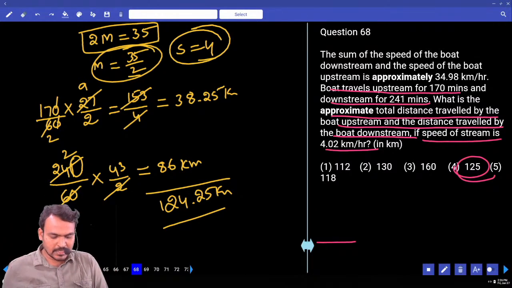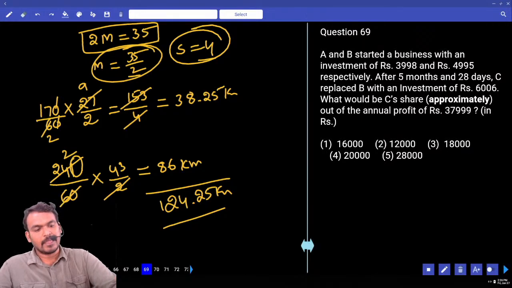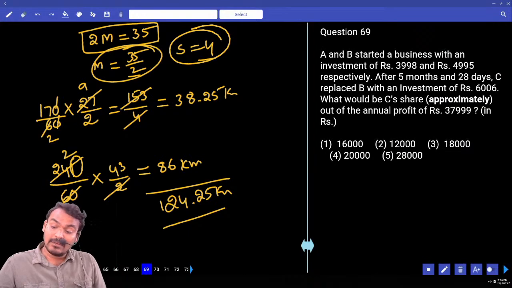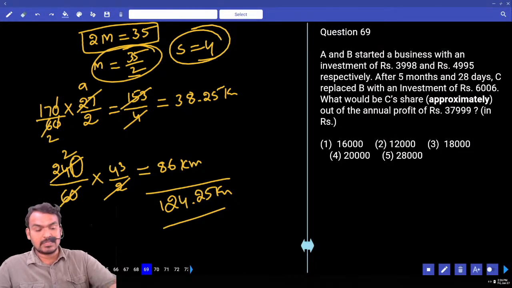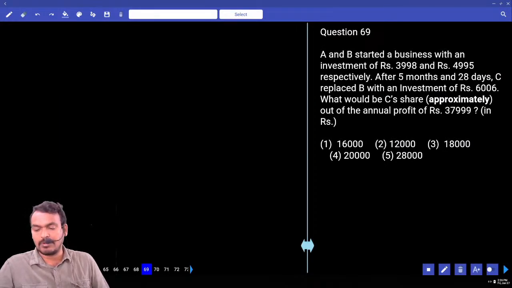Next question number 69. A and B started a business with an investment of 3,998 and 4,995 respectively. After 5 months and 28 days, C replaced B with an investment of 6,006. What would be the C share approximately out of the annual profit of 37,999?